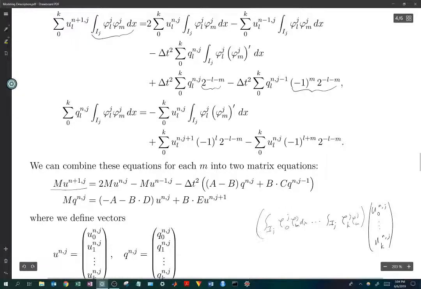I'm not going to write the dx because of the space. So we have a row vector here and a column vector here, and when you multiply these two together, what you get is this sum here.